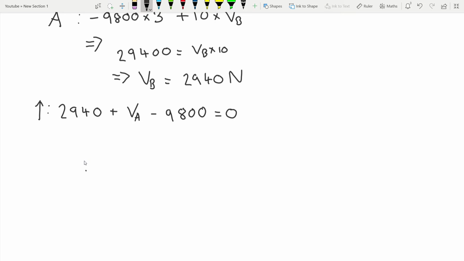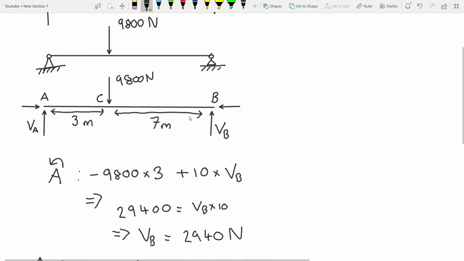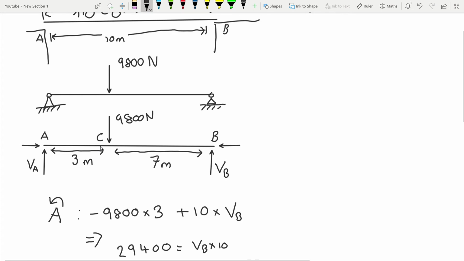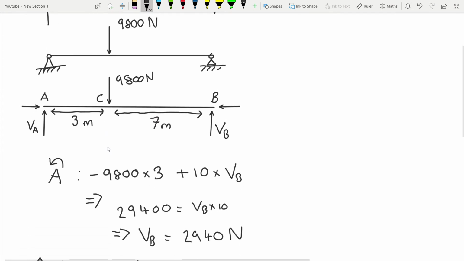Therefore VA is 6,860. We've also got the horizontal forces, but there aren't any, so we're just going to say they all equal 0. So we can draw it out again.